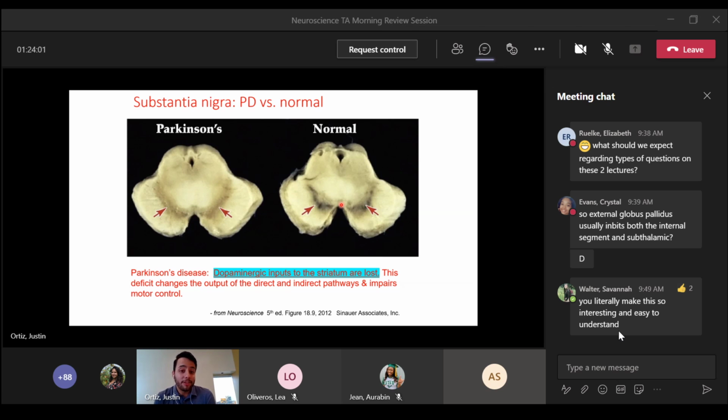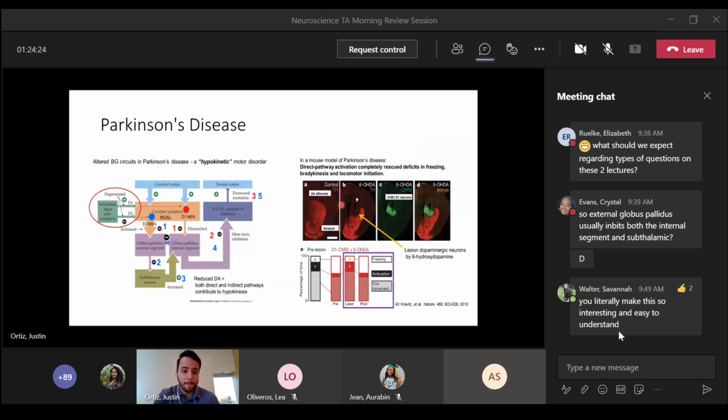So the substantia nigra pars compacta is not able to produce dopamine anymore because the neurons are dying. So you have very, very low levels of dopamine. And what's the first thing that you think about with Parkinson's? If we have low levels of dopamine, what pathway are we thinking about? It's the indirect, right? So we're thinking, okay, this most likely will take an indirect path, and that's exactly what's happening in Parkinson's disease.